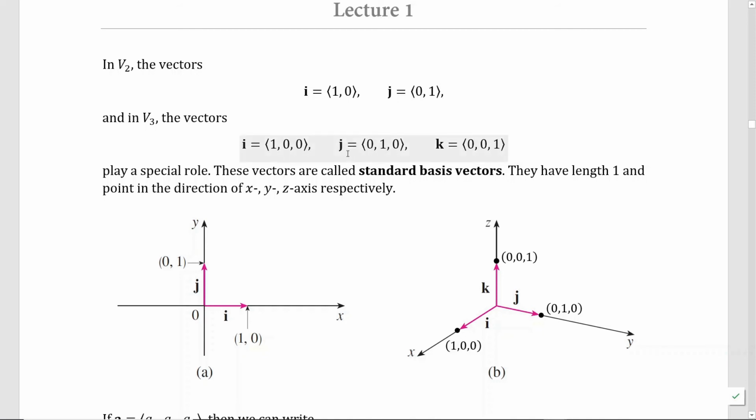Similarly, the j vector is pointing along the direction of the y-axis, and the vector with components 0, 0, 1 is pointing along the direction of the z-axis. These vectors are called standard basis vectors. They all have length 1, and as mentioned, they're pointing in the direction of the axes, as shown in the figures.